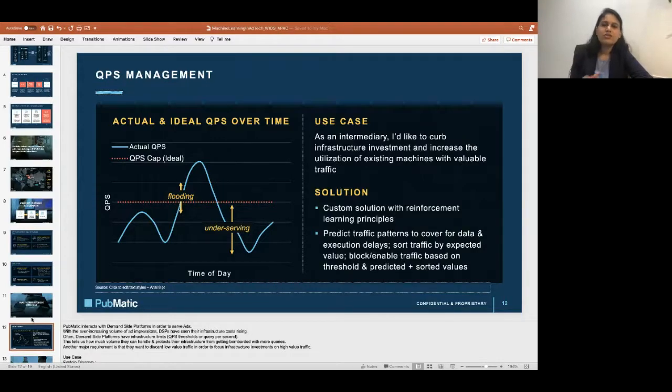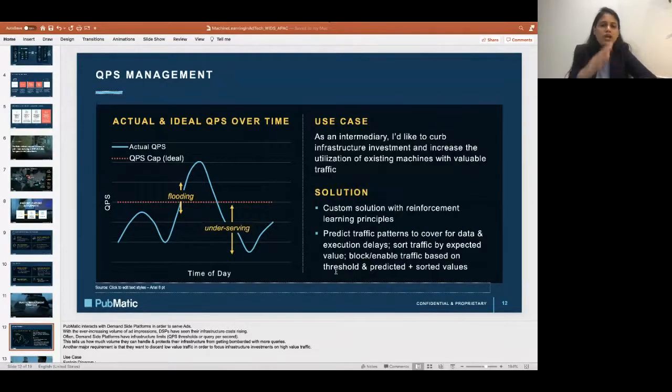Here on the x-axis, we have time of day, and on the y-axis, we have QPS threshold, which is query per second. The red line which you can see on the graph represents the QPS cap, or the ideal volume which they can handle.